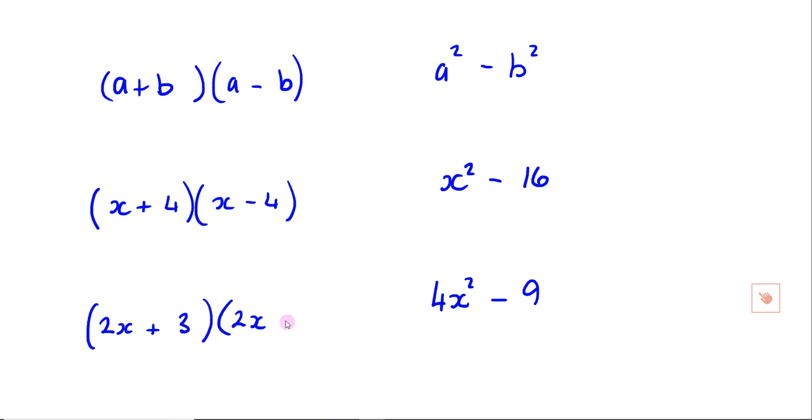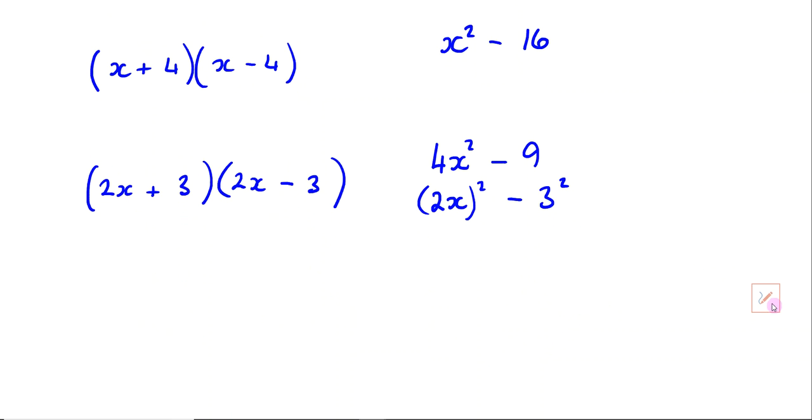Not quite. Oh, exactly, you did the hard bit. Because 4x squared is 2x squared, and then that's minus 3 squared. Tricky one.